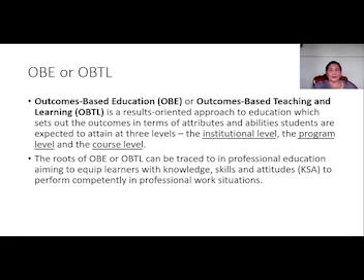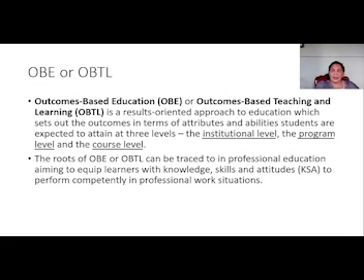As you can see on the screen, it is a results-oriented approach to education, which sets out the outcomes in terms of attributes and abilities students are expected to attain at 3 levels. What are these levels?